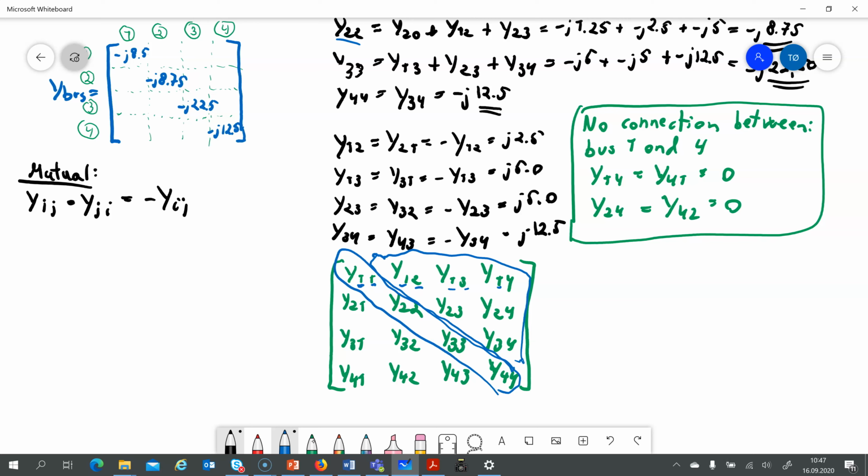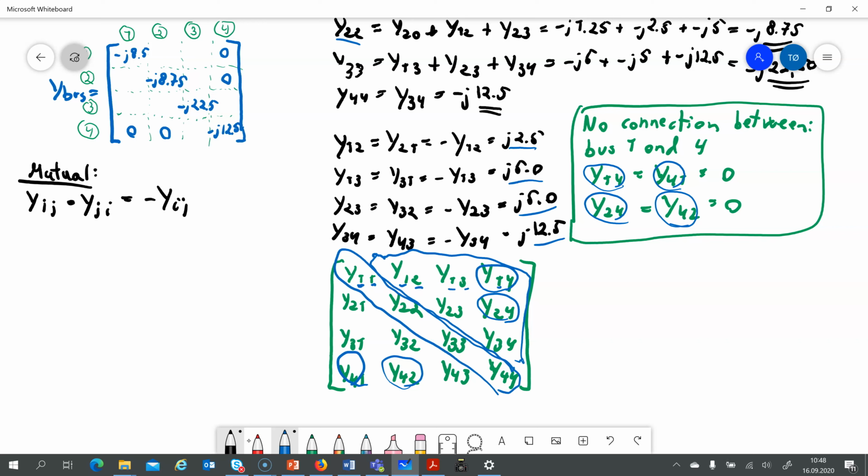We also have many off-diagonal elements that become 0, such as y14 and y41, which both become 0 here and here. So that means we will have 0 0 here, and we will have 0 0 there. Then we can also fill in the other ones.